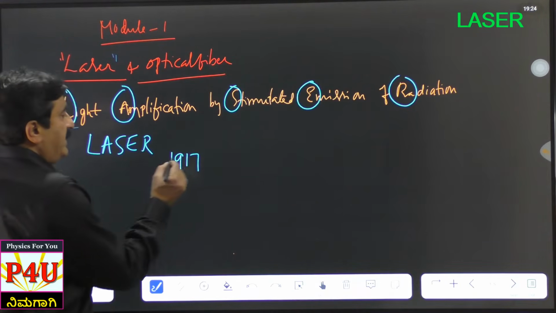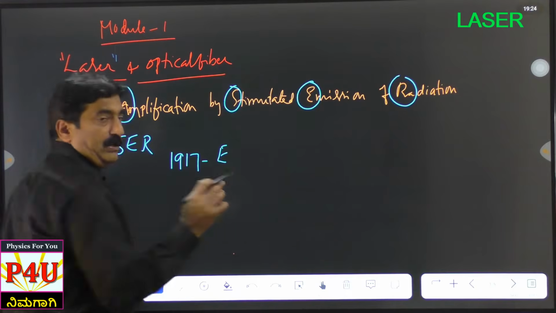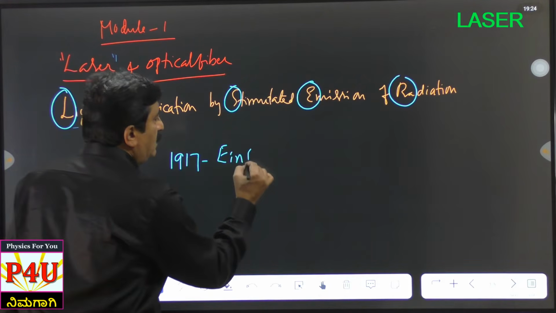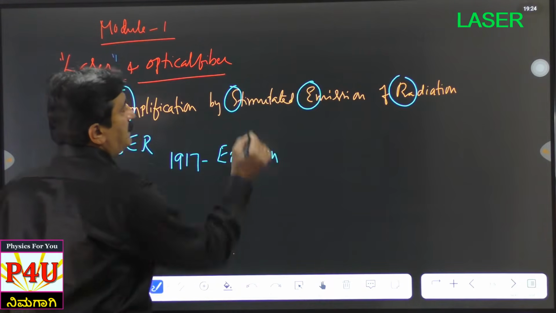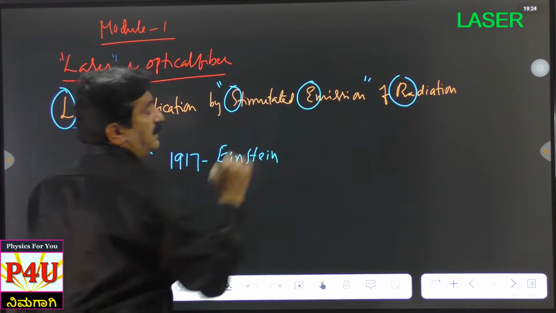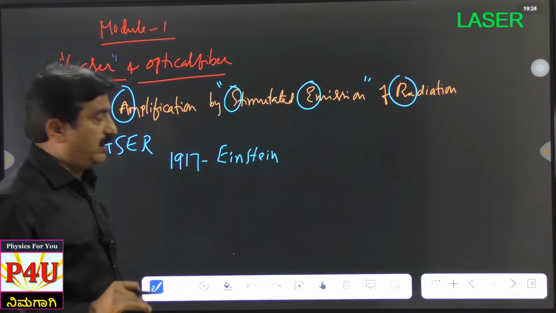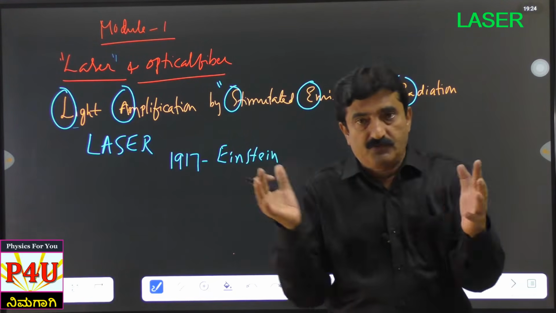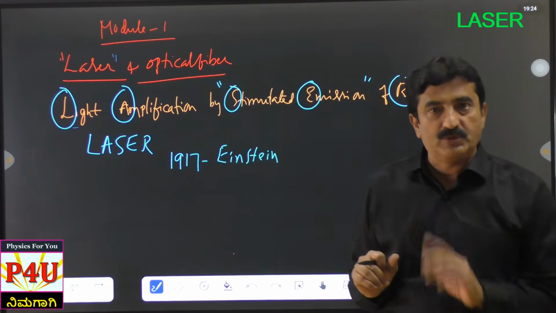Okay, way back in 1917, our well-known physicist, all-time genius Einstein, proposed the concept of stimulated emission. What is stimulated emission? We will learn later on. But look at this year, 1917. It was a period of almost the First World War. Nobody took it so seriously.